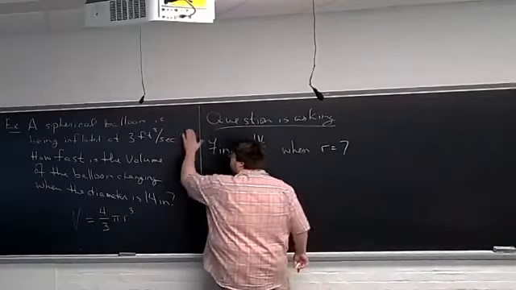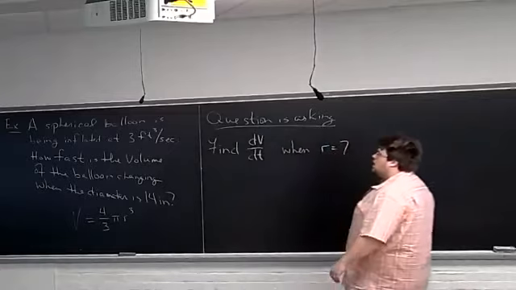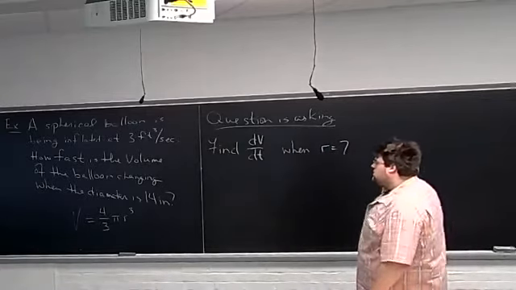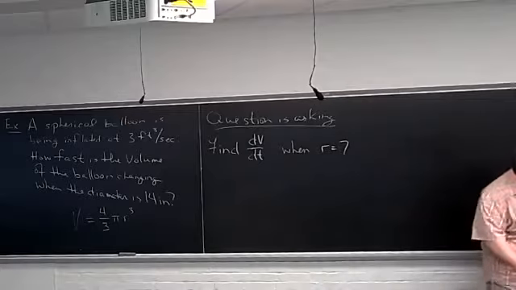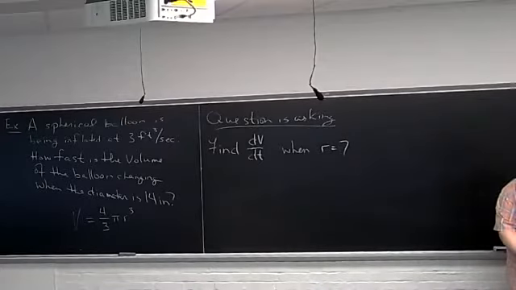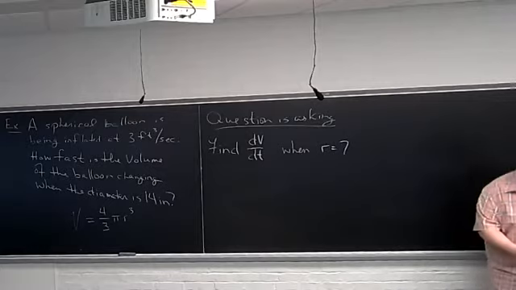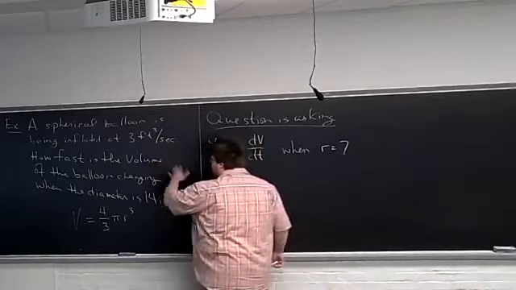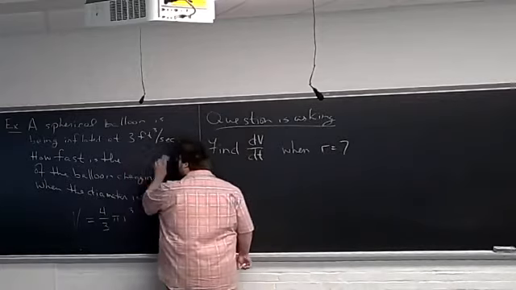And what else do we have? Well, we know how much air is going in. Oh, wait. Did I write that right? Oh, yeah, okay. But that's not a good question. I didn't write that right. We're given how the volume is changing. We can't find how the volume is changing.